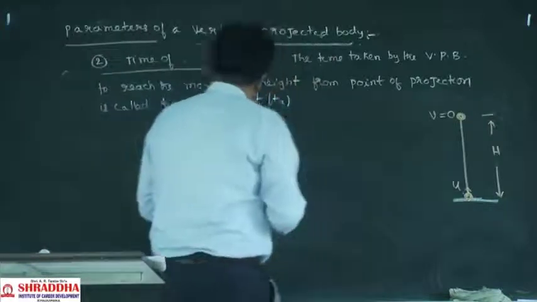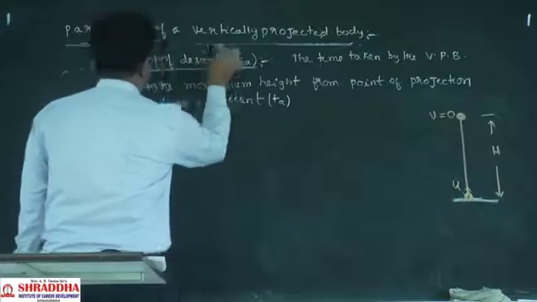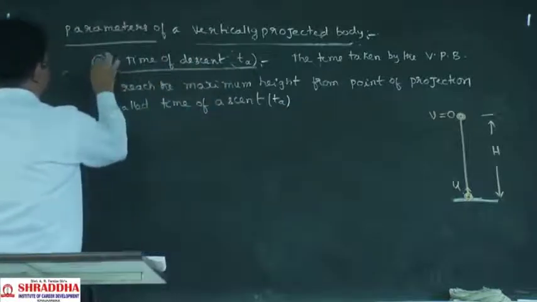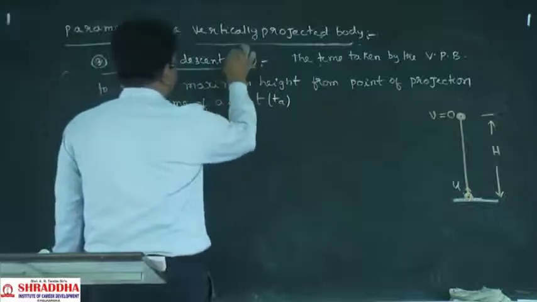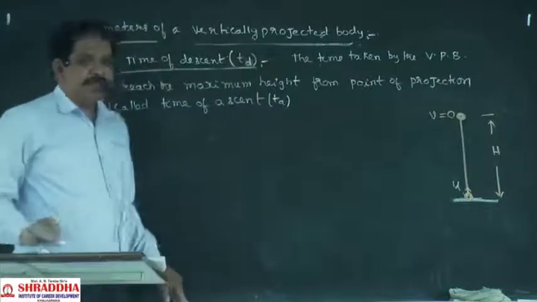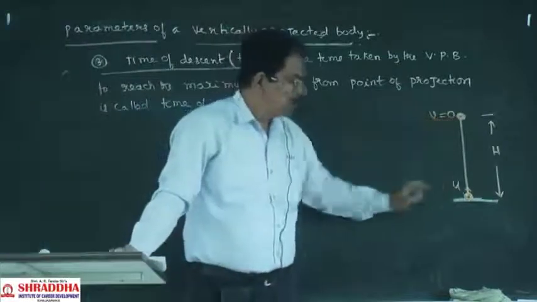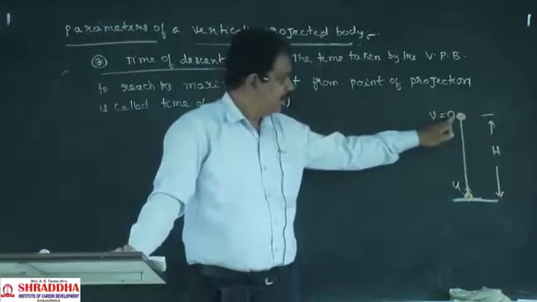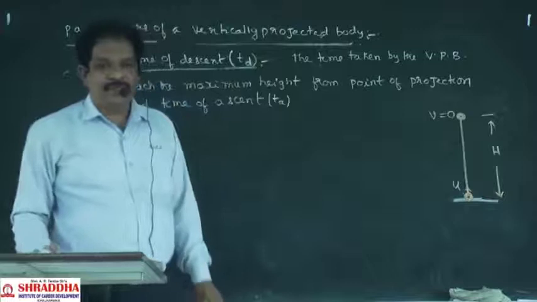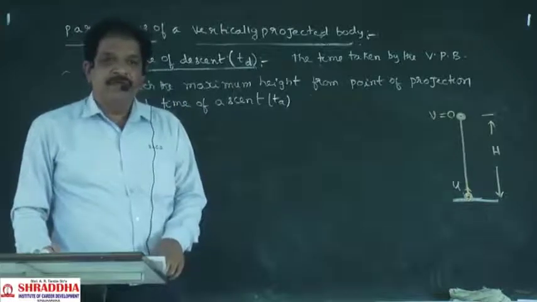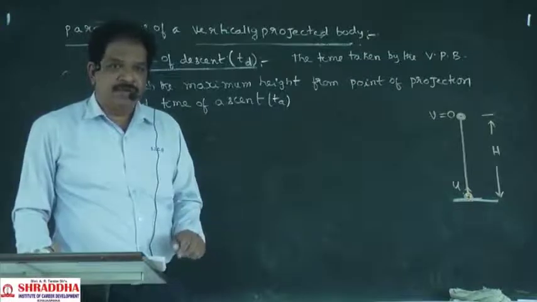Time of descent will be represented by the letter TD. From here to come to here, how much time is it taking? That will be called the time of descent.